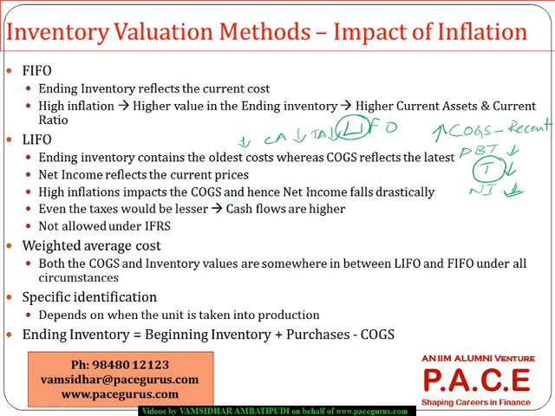So the net income also falls drastically in case of the LIFO method. And because the taxes are lesser, the cash flows are higher. The real tax which you are paying is going down.